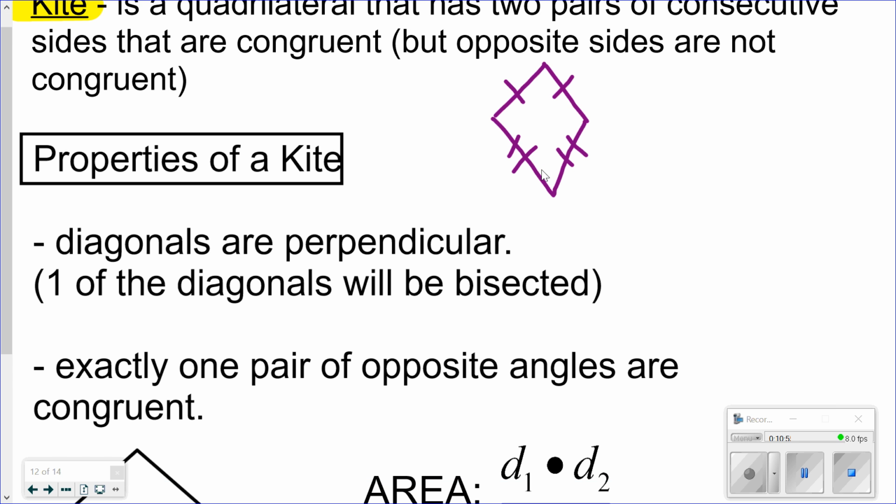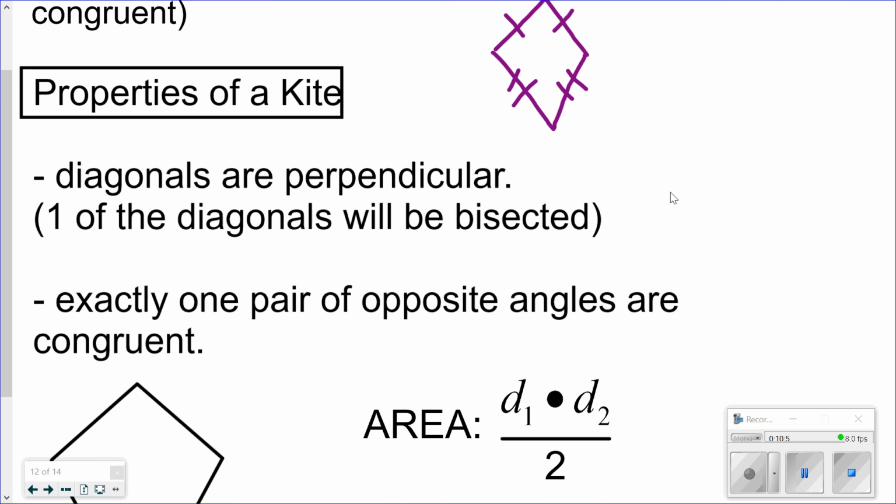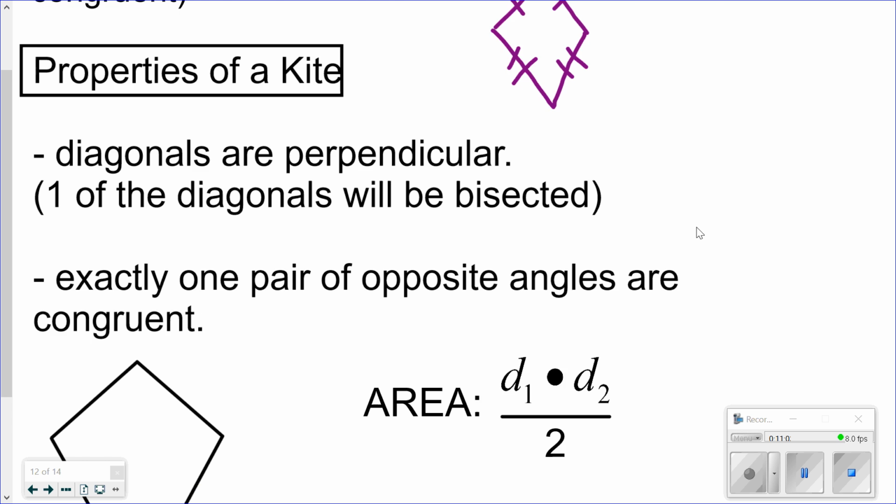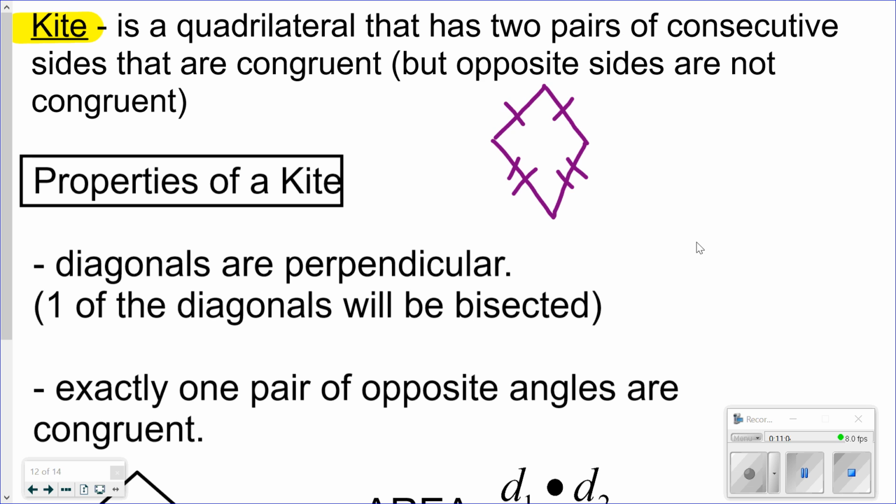So here are some properties of kites. Number one, the diagonals are perpendicular, and one of the diagonals will be bisected. If I draw that out here, I have these two diagonals. They are going to collide at a 90-degree angle. That's what perpendicular means.